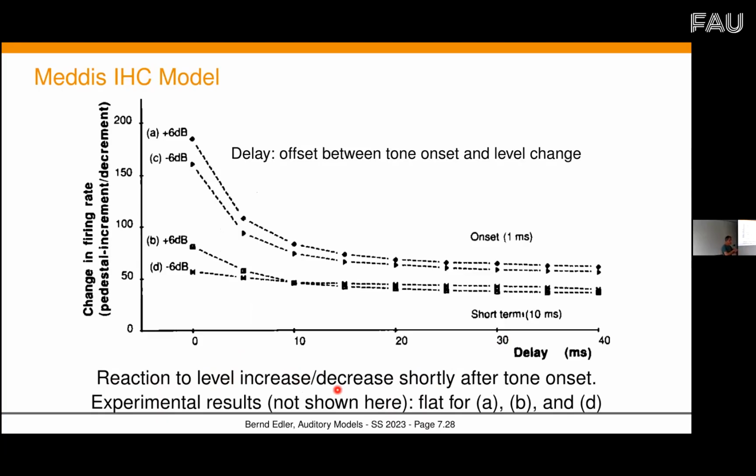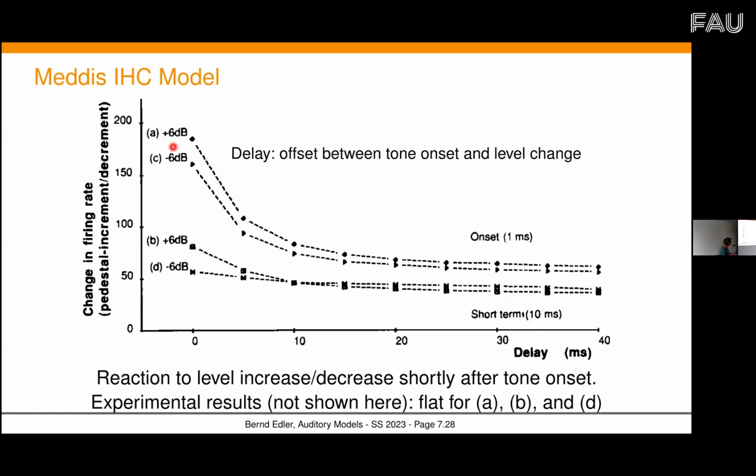That means it's not from 0 to on, but just a certain increase in level by plus 6 dB, or a decrease of the level by minus 6 dB. And you measure the impact of that for different times, like 10 milliseconds after this level change, or 1 millisecond after the level change.